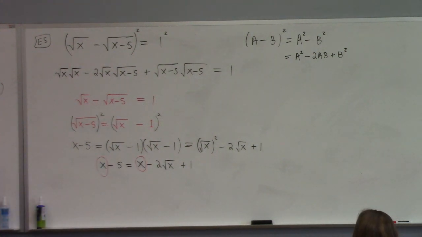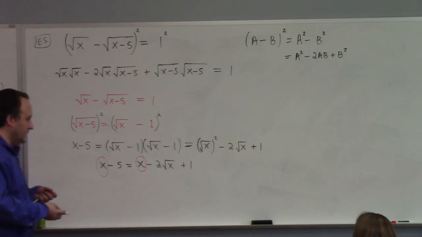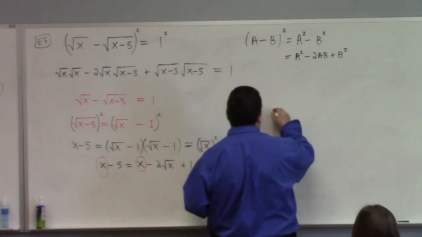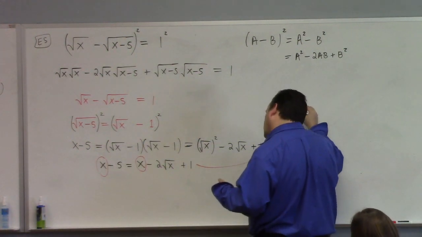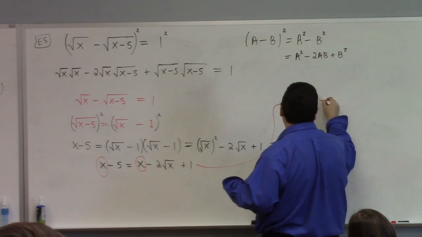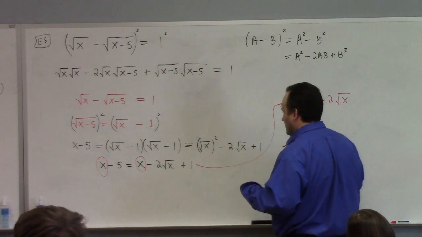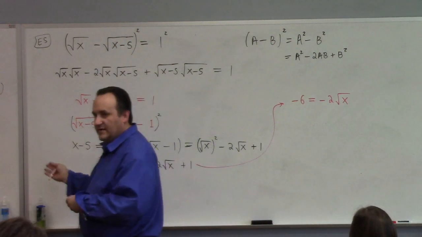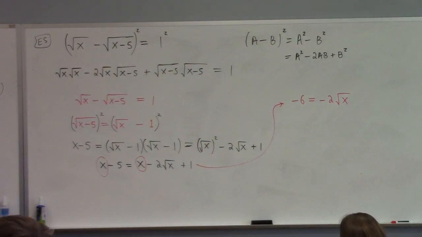So we can cancel them. Subtract x from both sides. And my next move would be to isolate the radical. So I've got minus 6 is equal to minus 2 times the square root of x. I canceled the x's and I subtracted 1 to the other side. You guys with me still?